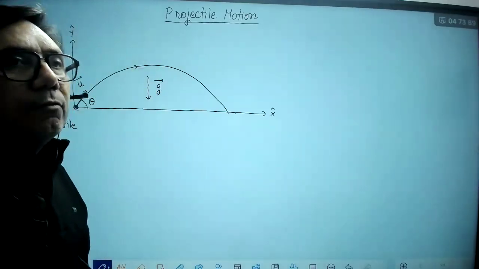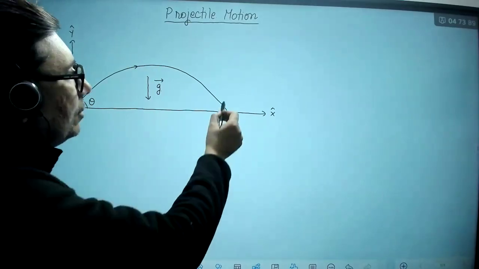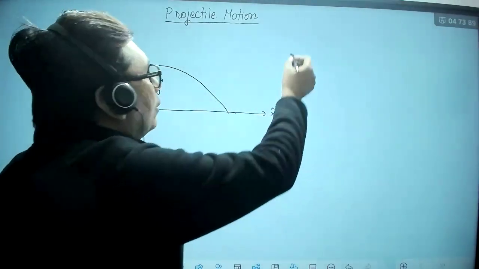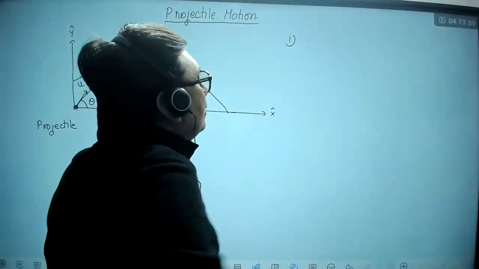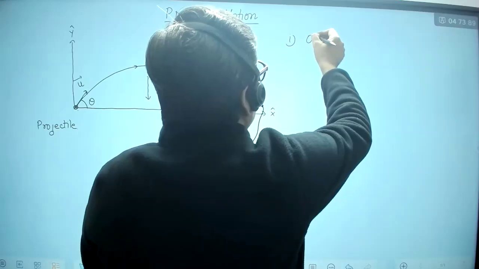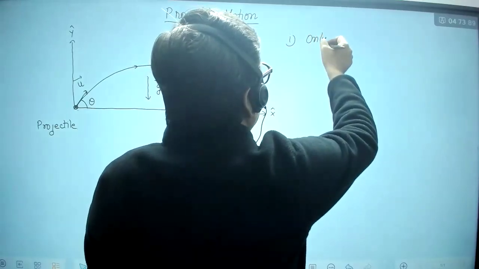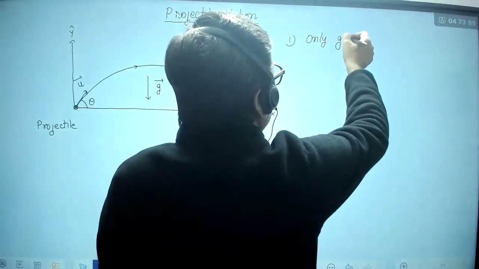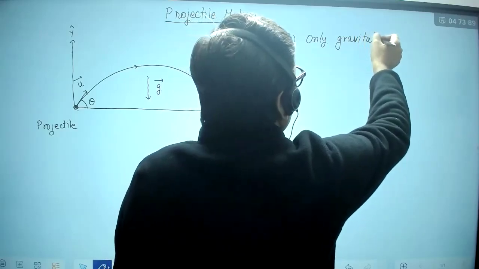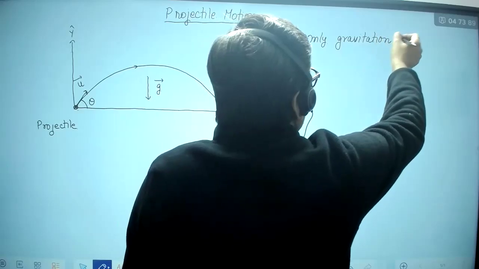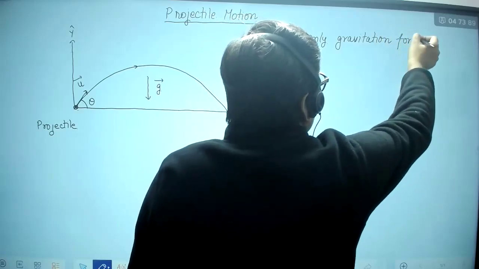In the horizontal direction, there is no force. So the first important thing is that only gravitational force is present.